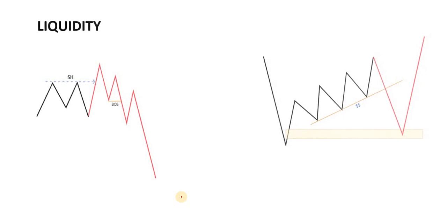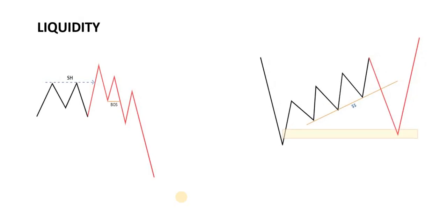Okay, now liquidity. You mentioned something about liquidity, and I think I've explained it. There's nothing much here. In this case, we have equal highs. Liquidity resides above equal highs in terms of the buy side liquidity and in terms of buy stops.